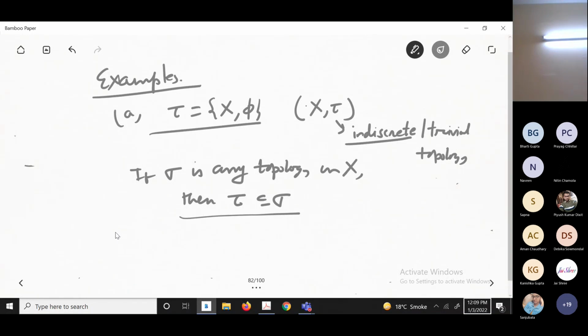So this is actually the smallest topology on X, because it will be contained in any other topology on X. On the other hand, if we take the whole thing, the power set of X.